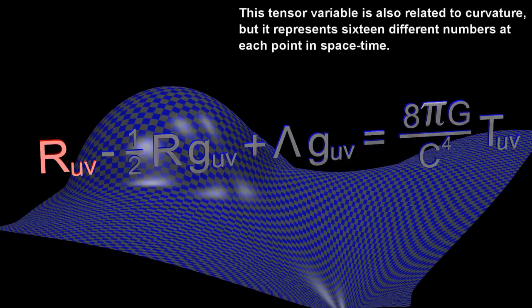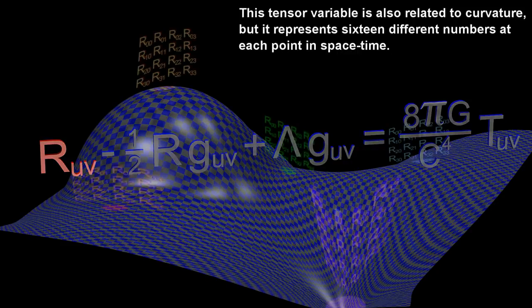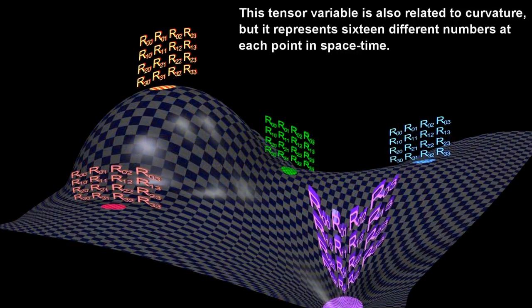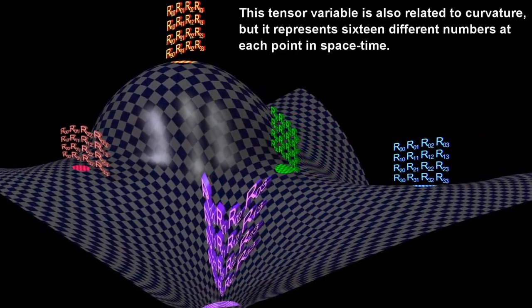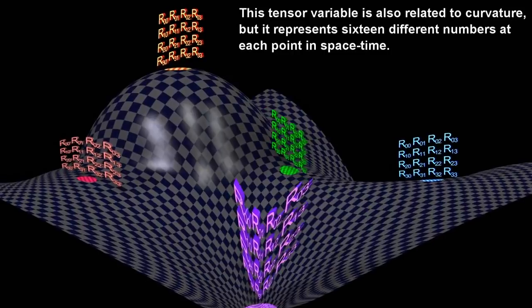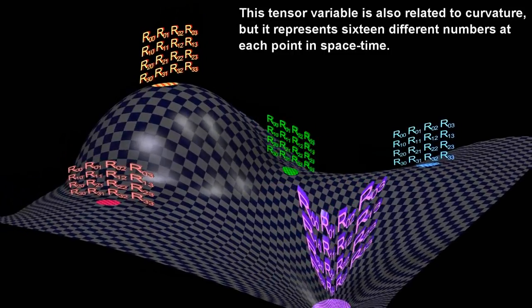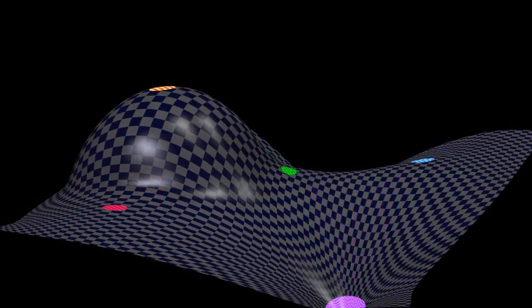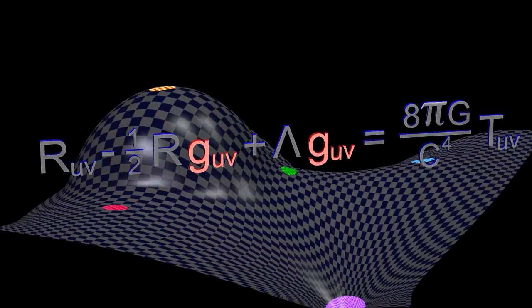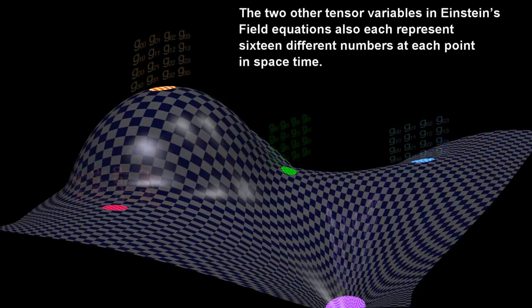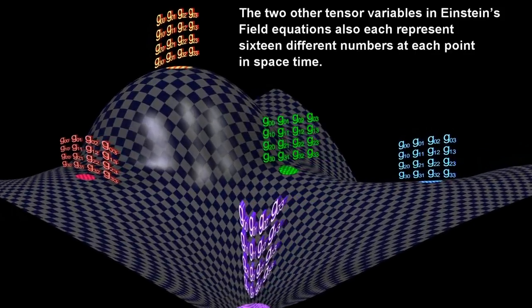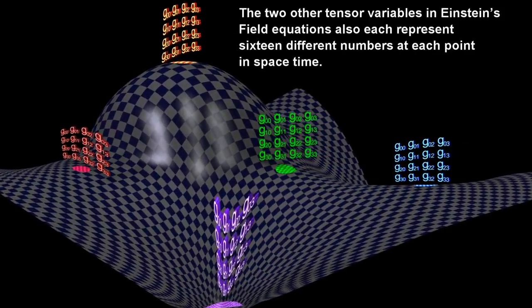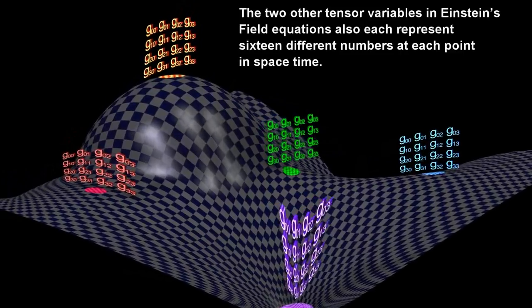This tensor variable is also related to curvature, but it represents 16 different numbers at each point in space-time. The other 2 tensor variables in Einstein's field equations also each represent 16 different numbers at each point in space-time.